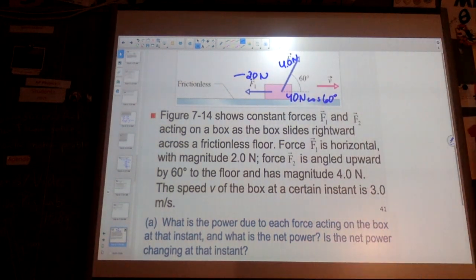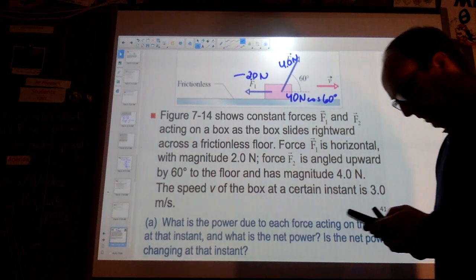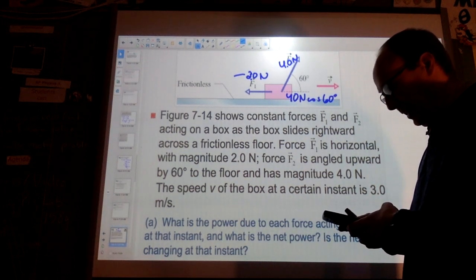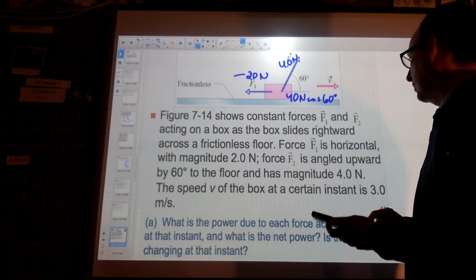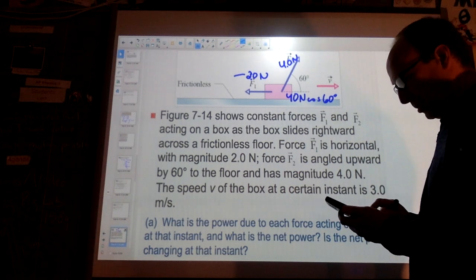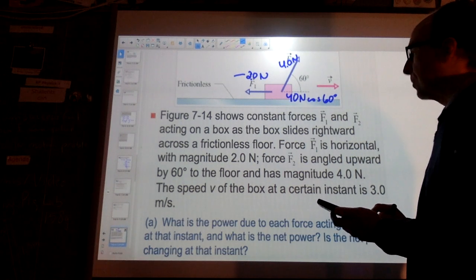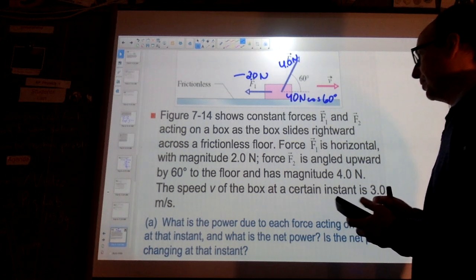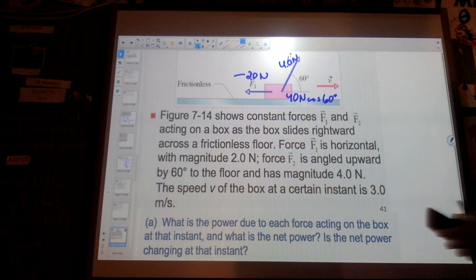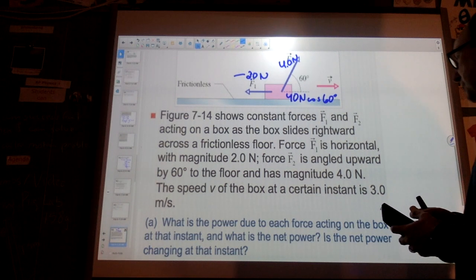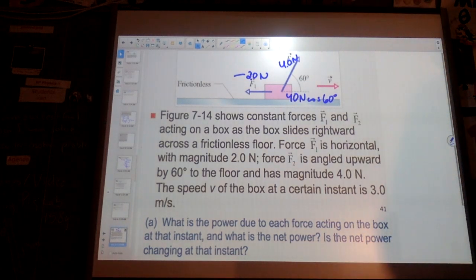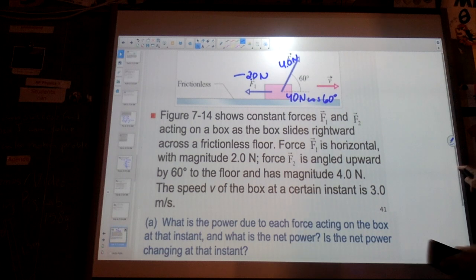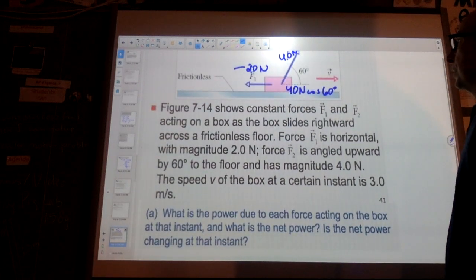So the net force is, I want to make sure that my calculator is in degrees, and it is, 4 cosine of 60 minus 2, which gives us 0. So those forces are perfectly balanced out.